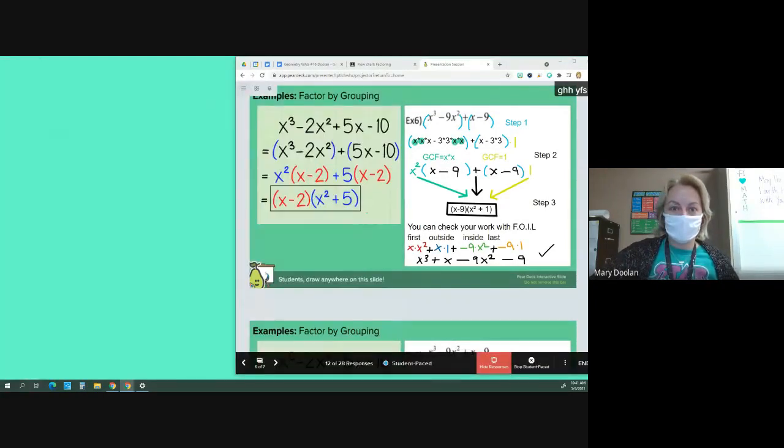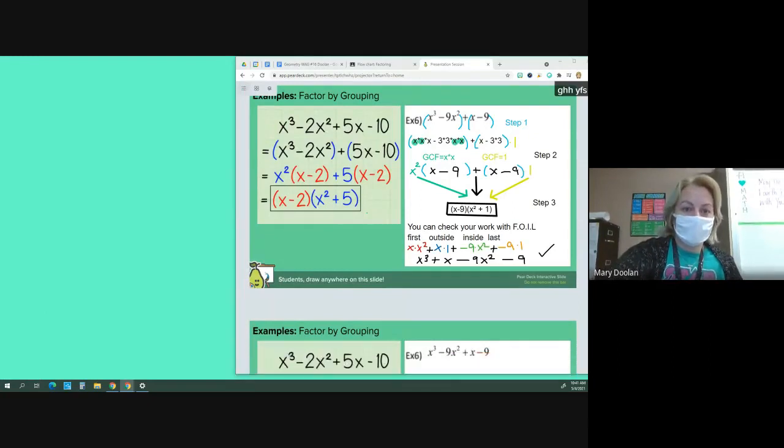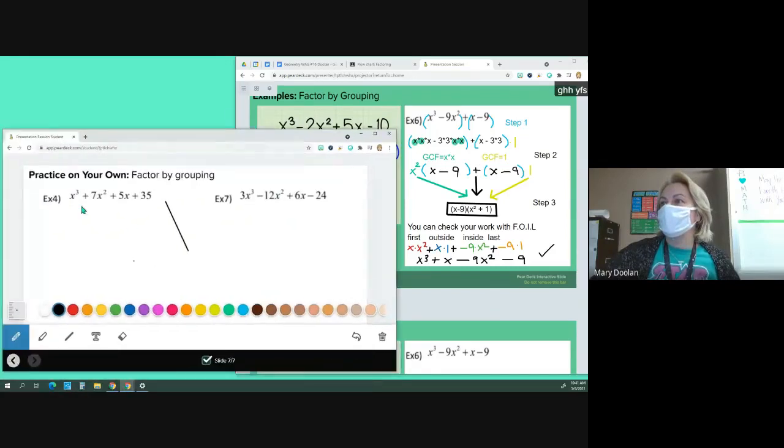It's being weird. So you do want to check for a GCF when you factor by grouping. Example 4 does not have a GCF. X cubed, 7x squared, 5x, 35. These 4 terms all together, there's nothing they all have in common, because these first 3 terms all have some sort of an x. This last one doesn't have an x. The first term doesn't even have a coefficient besides 1. So the GCF right now is just 1.